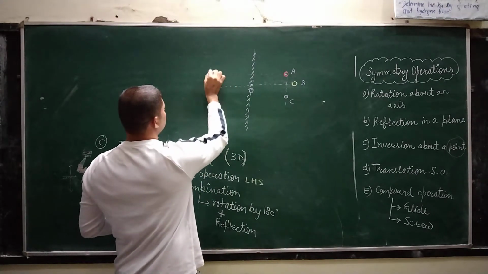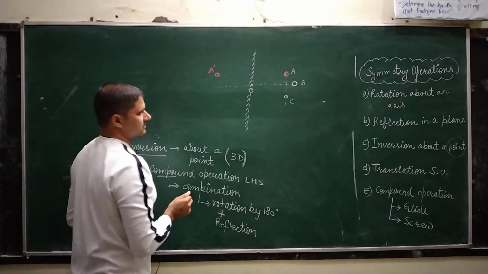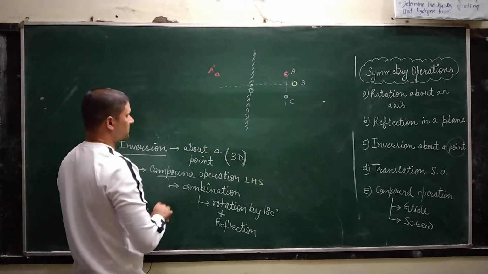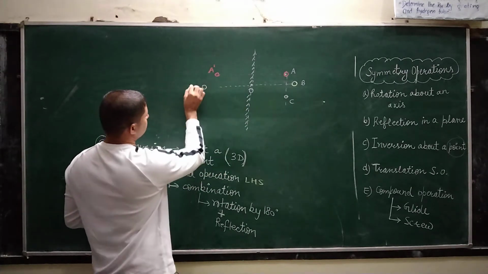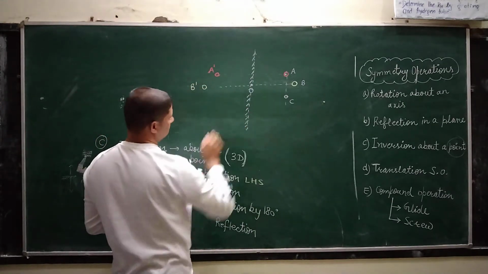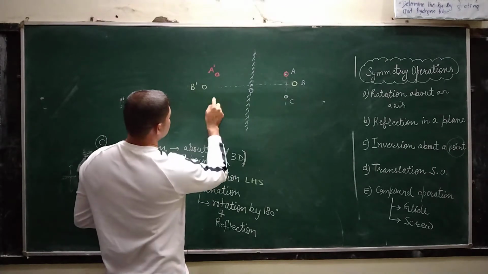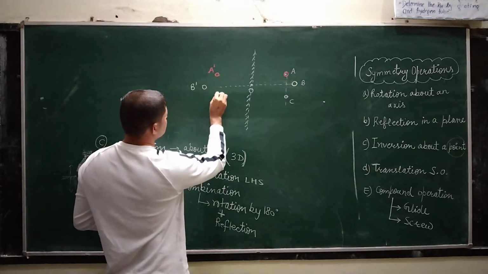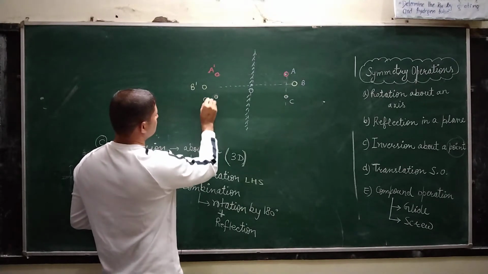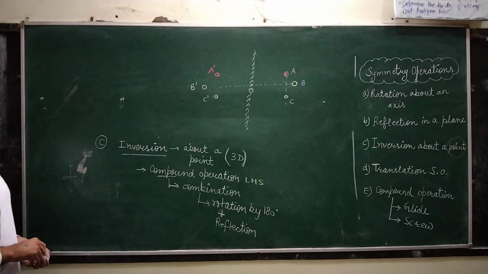This I write as A dash, and this is B, I am writing it B dash, and then we have C, it is at this much distance. This is C dash.